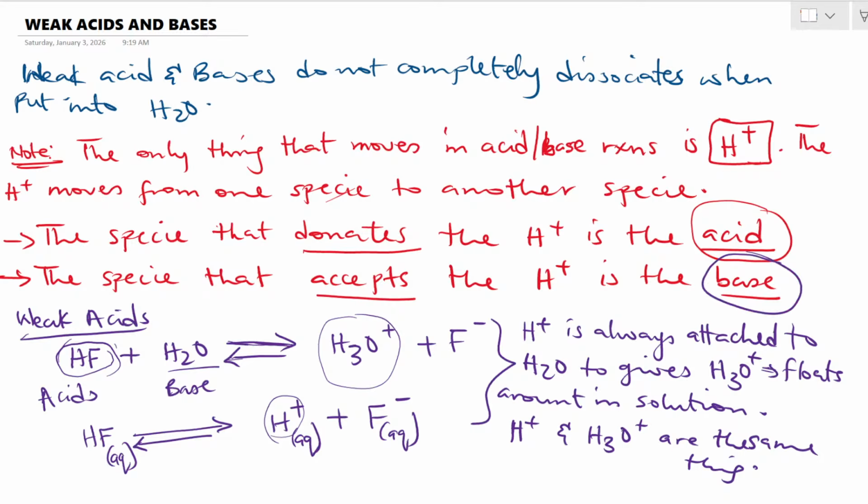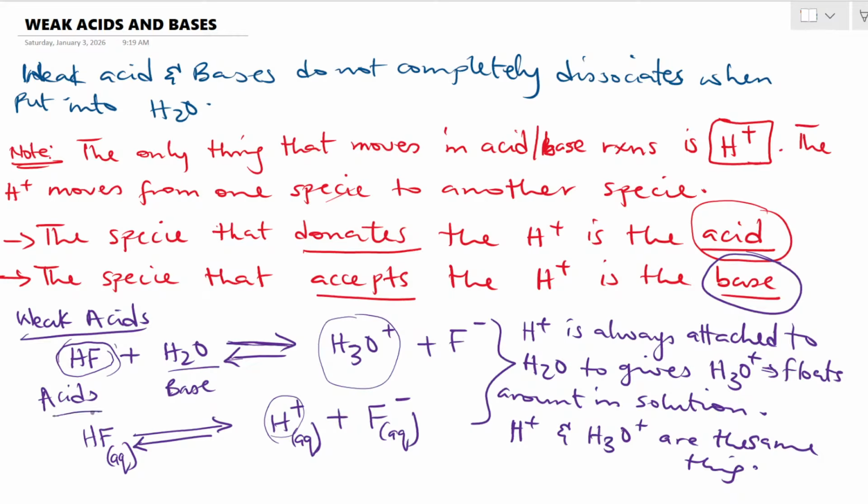While the species that accepts the proton is what? The base. Now for weak acid, we have hydrogen fluoride as an example, and we said when it's put in water, the acid donates H plus. So with this reaction you can easily see what the acid becomes.